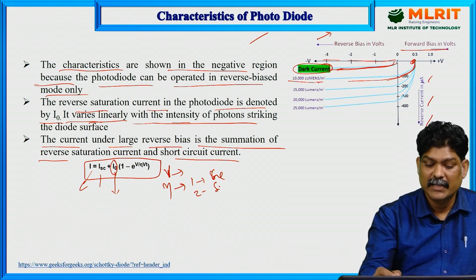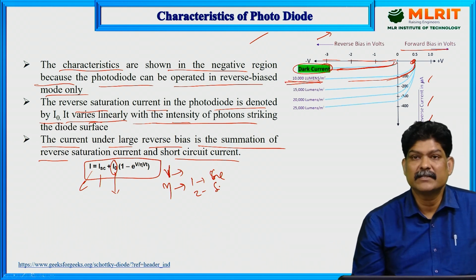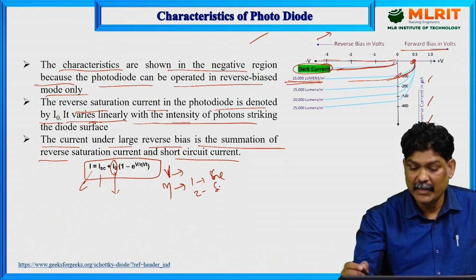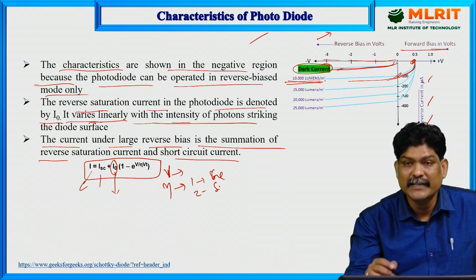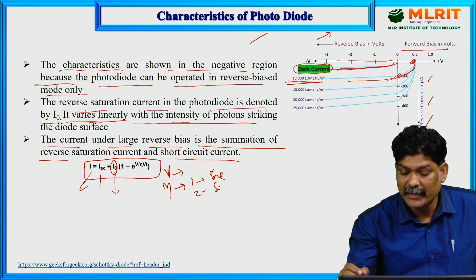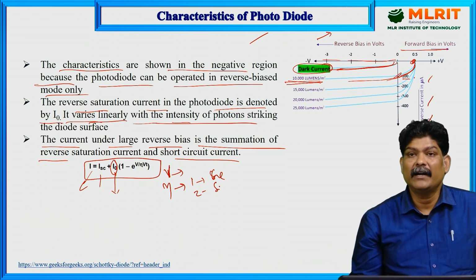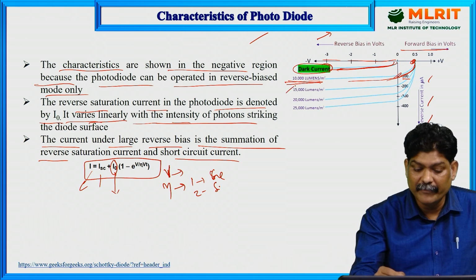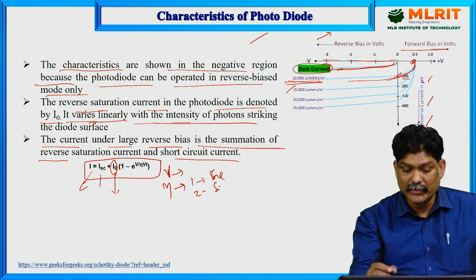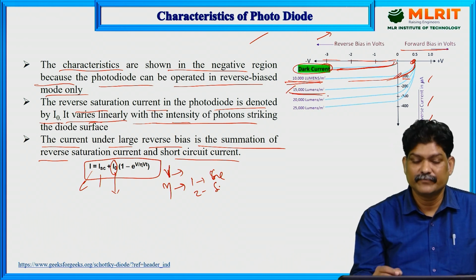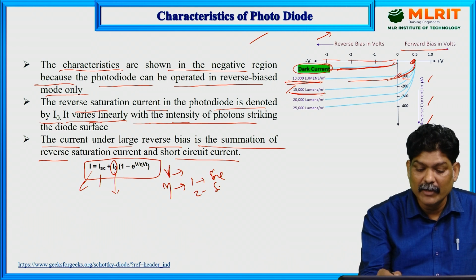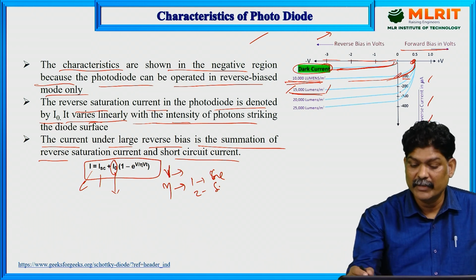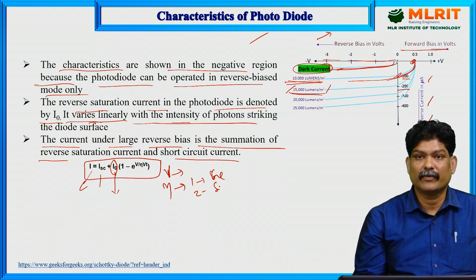So this is 10,000 lumens per meter square. For 10,000 lumens per meter square, what will be the current? Minus 100 microamperes. Similarly, for 15,000 lumens per meter square, this is the intensity of light, right? What will be the current flowing through the diode? Minus 200 microamperes.